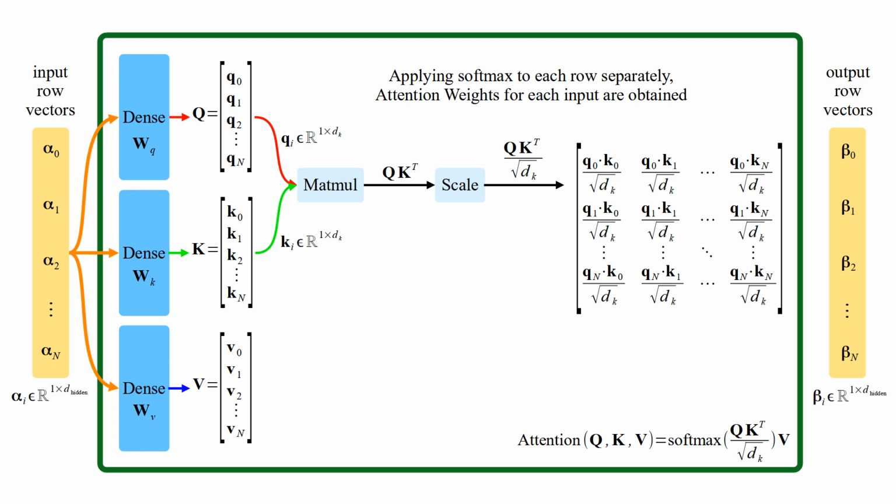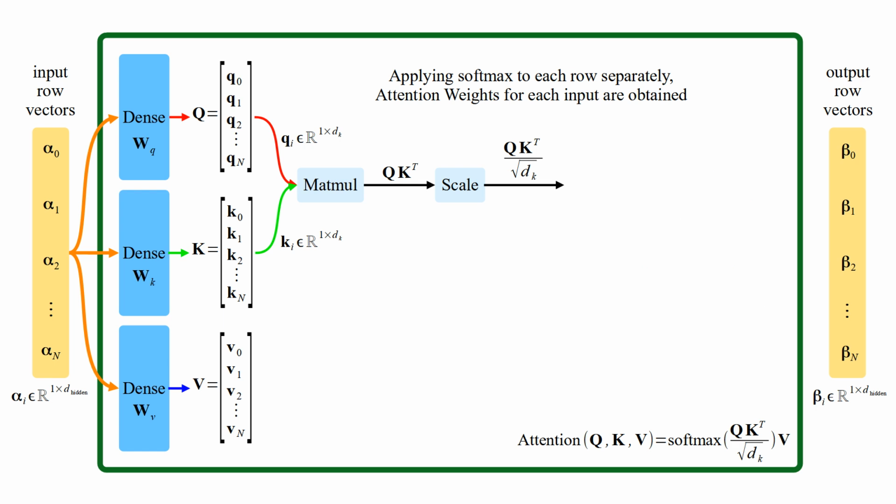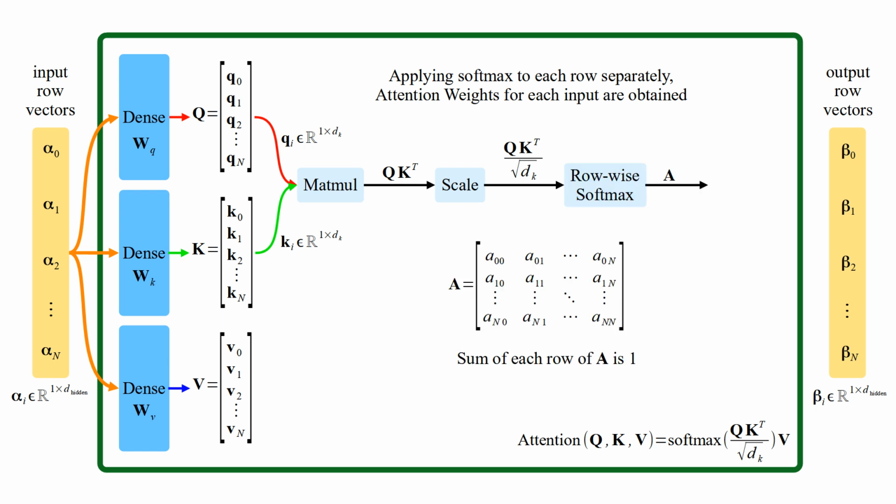Applying softmax to each row separately, attention weights for each input are obtained. Sum of each row is 1. So attention weights are not fixed or learned, they are computed for each input.